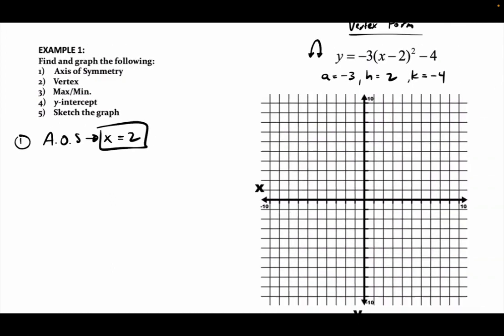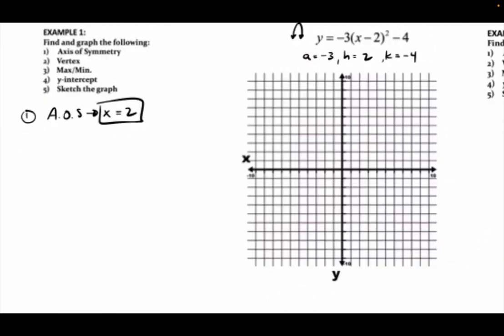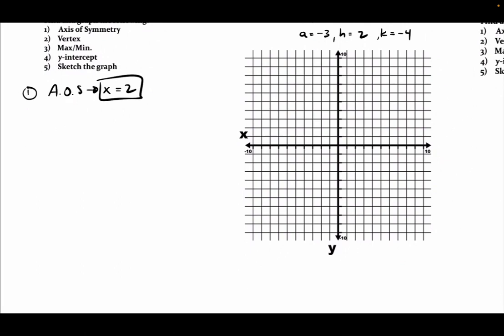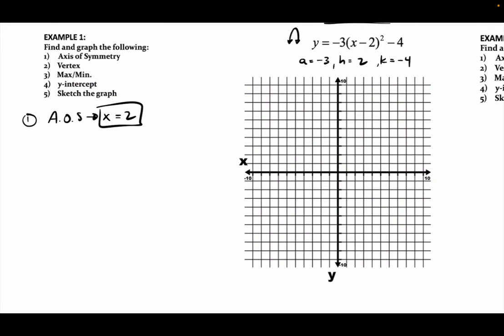That's the mirror line, right? That's the green mirror line that divides it, that makes it symmetrical. So let's go draw that. +2 is over here. Okay, always vertical. This one goes through 2.